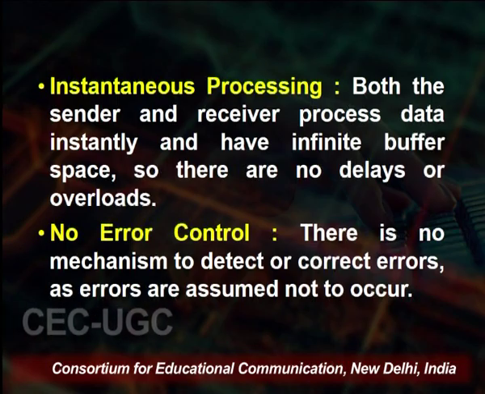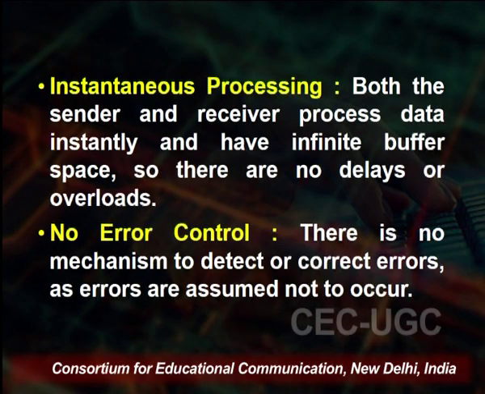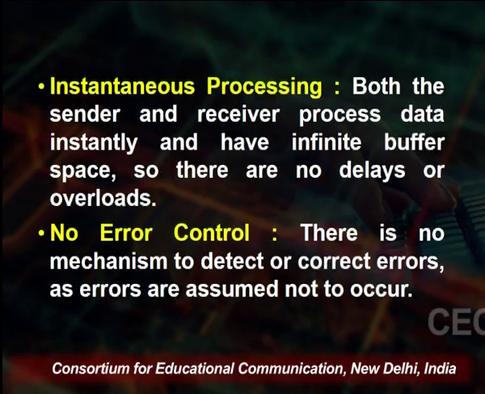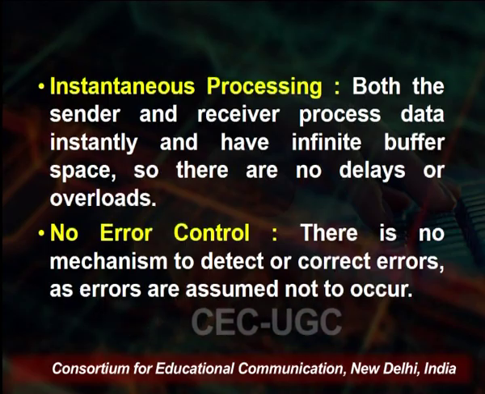Now these kinds of assumptions, I have already told you, are purely hypothetical. Error control mechanism is not at all required, because we are not assuming that any errors are going to occur. So there is no mechanism to detect or correct errors, as errors are assumed not to occur.